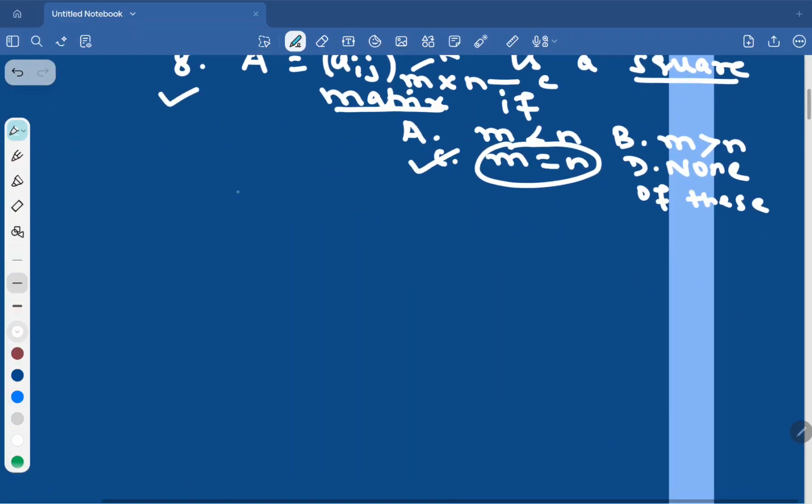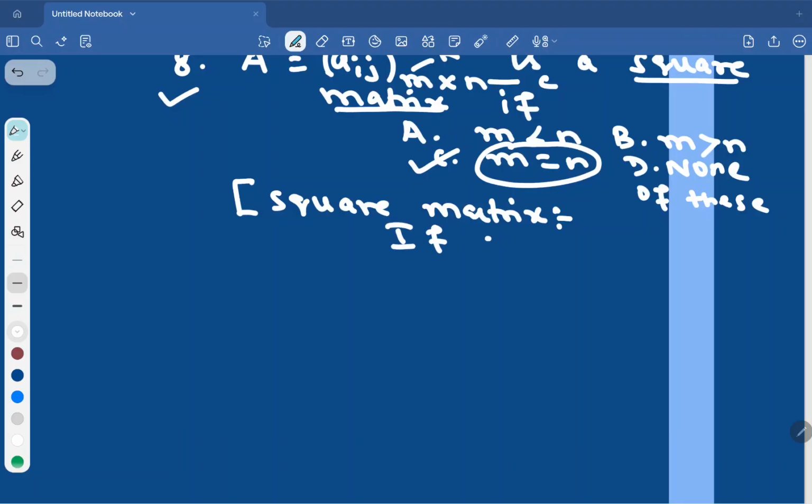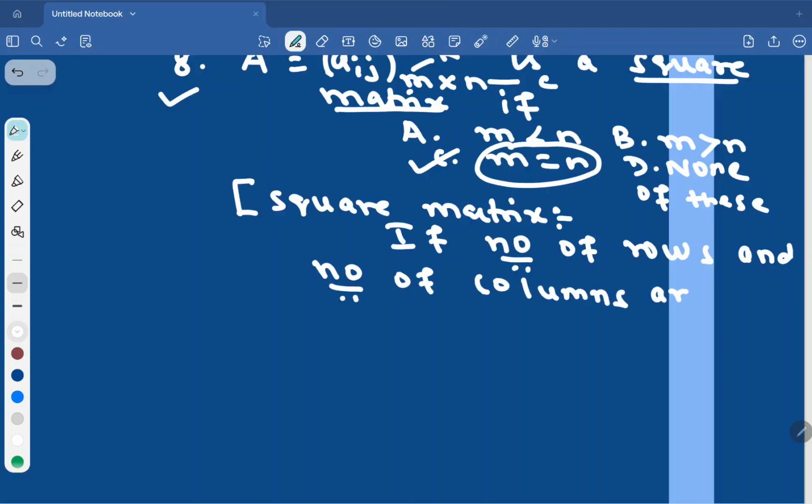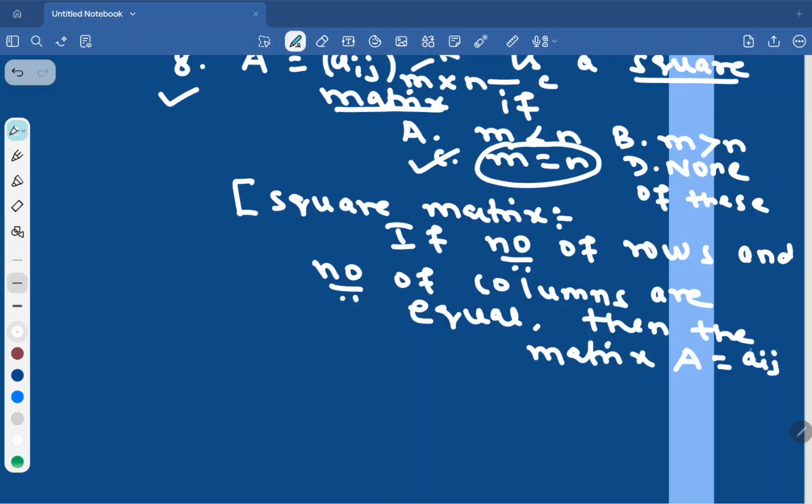Here I am going to write the definition. Square matrix: if number of rows and number of columns are equal, then the matrix A, which is equivalent to Aij, is said to be square matrix.